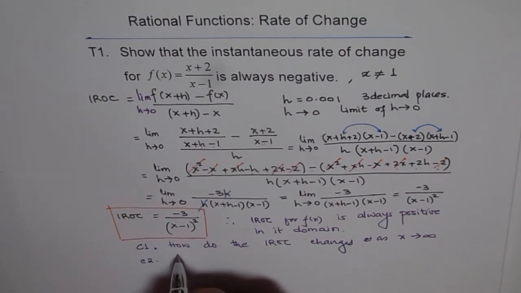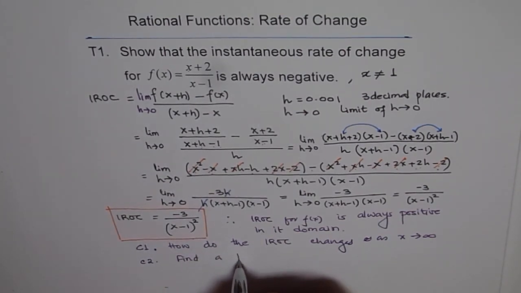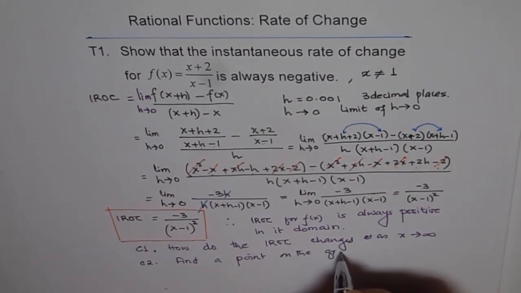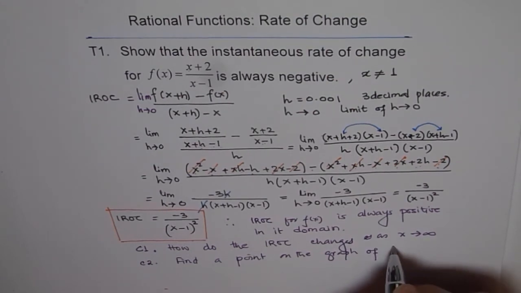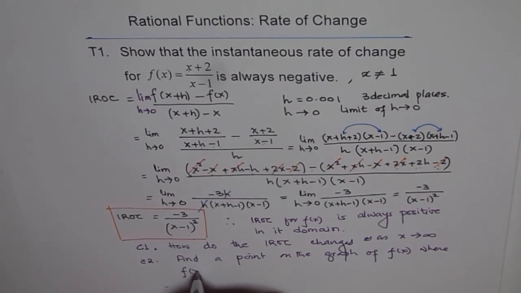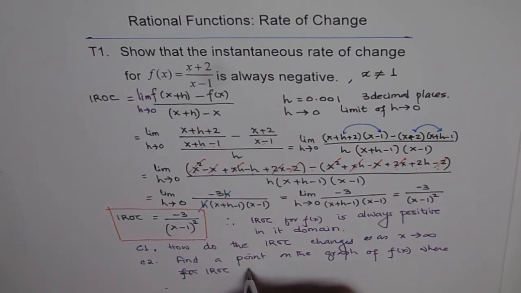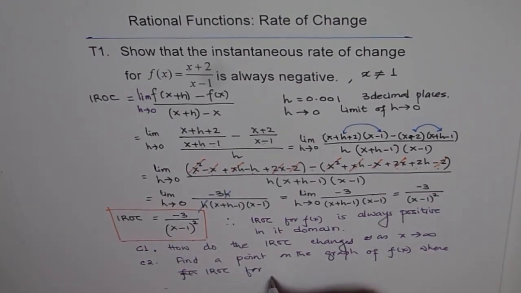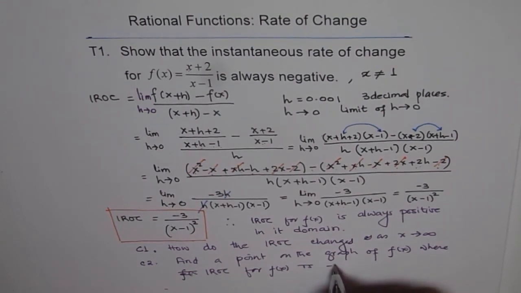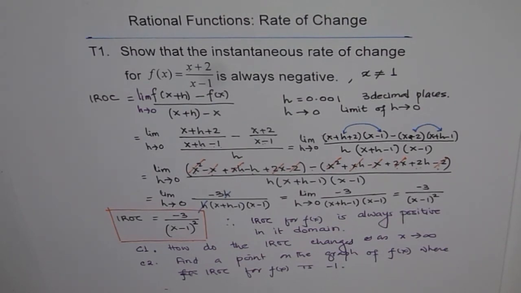So find a point on the graph of f of x where instantaneous rate of change for the function is, let's say, minus 1. Okay? You know, it can never be plus, right? So it has to be minus.